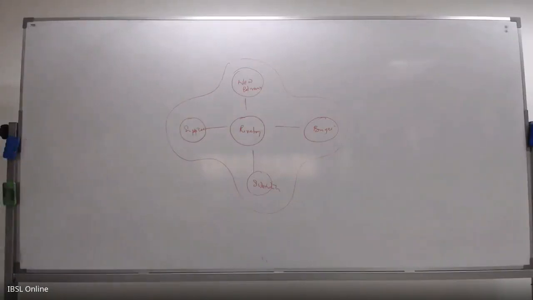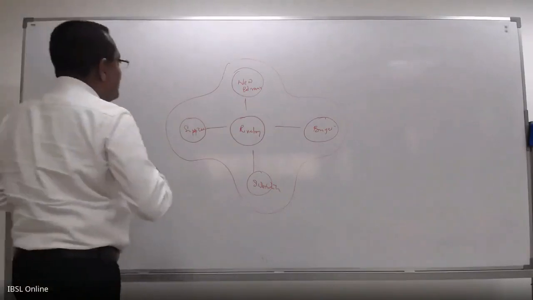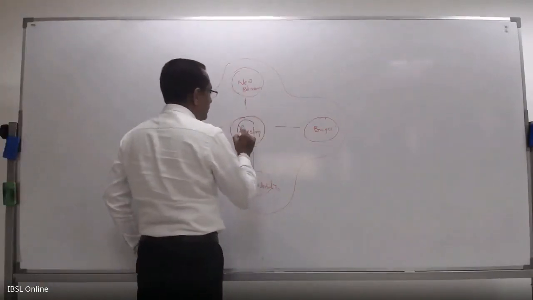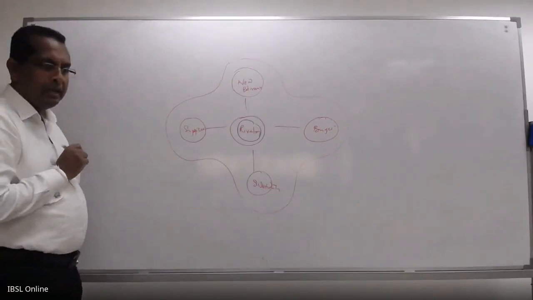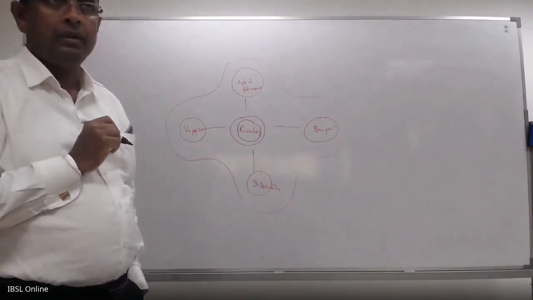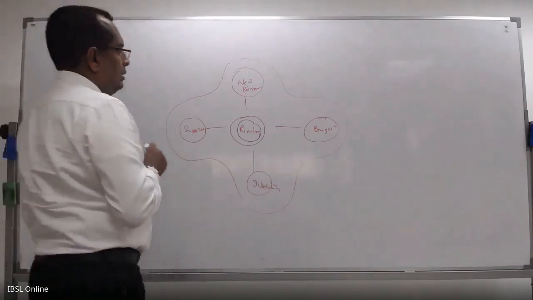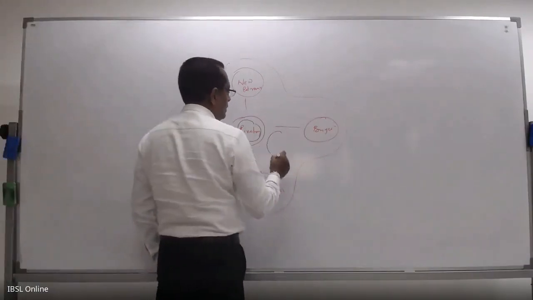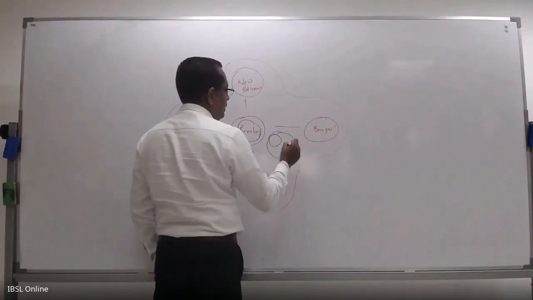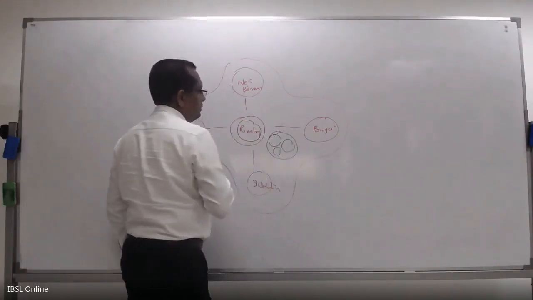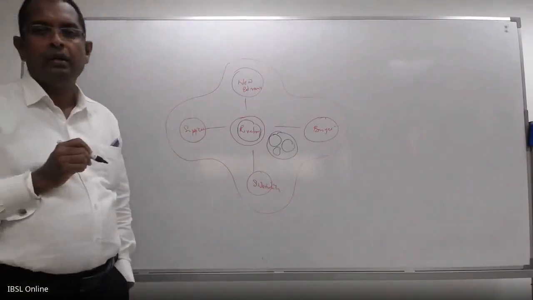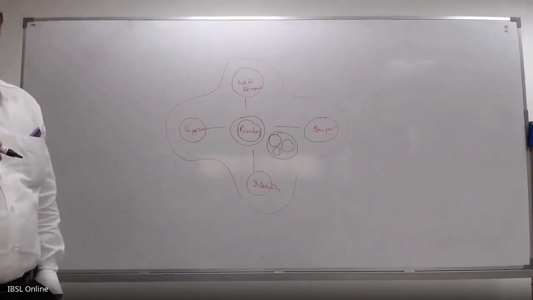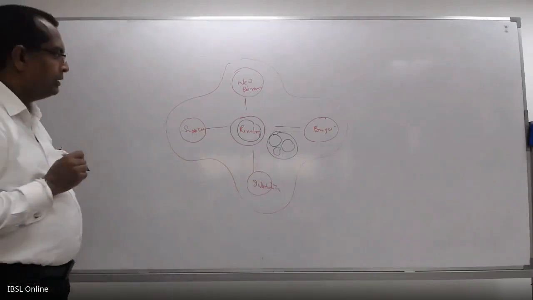Right? Rivalry, competition among the industry players. So you have a market where you have a few big players. You heard about monopoly, monopolistic, oligopoly, all those things. Right?